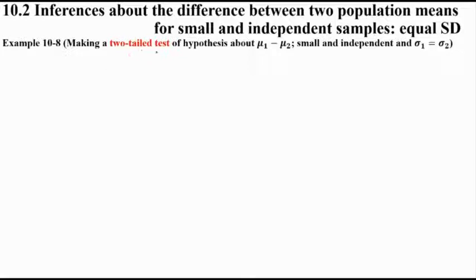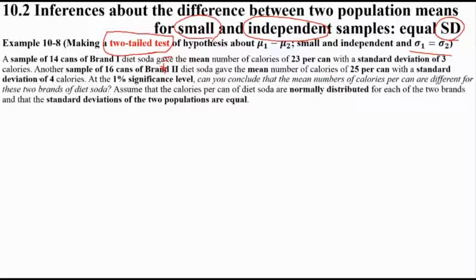Today, first of all, a two-tail test, which means equal versus not equal, remember? This one is the same: small, independent, and the standard deviations are equal but unknown. Alright, so the question.